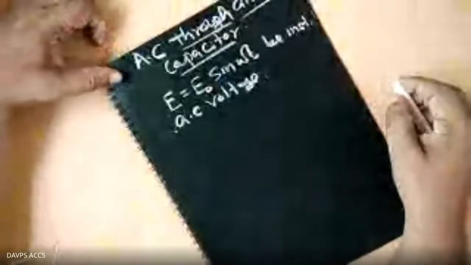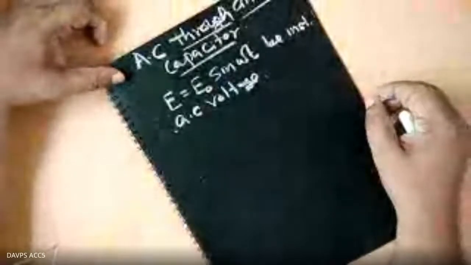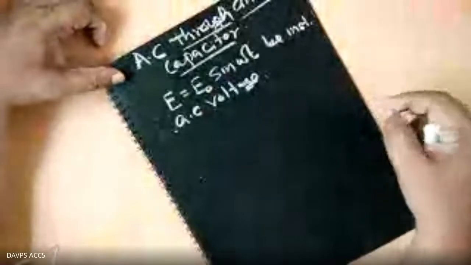What will be the current supplied to the AC circuit containing capacitor? And as and when you supplied AC voltage to the capacitor, it will be charged and Q be the charge stored in the capacitor at any instant of time.